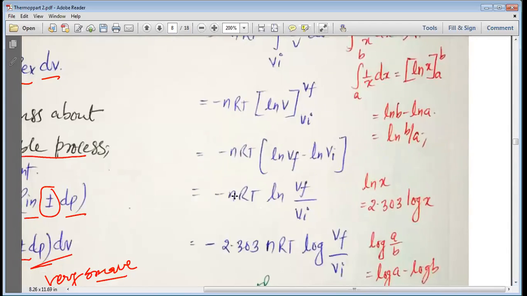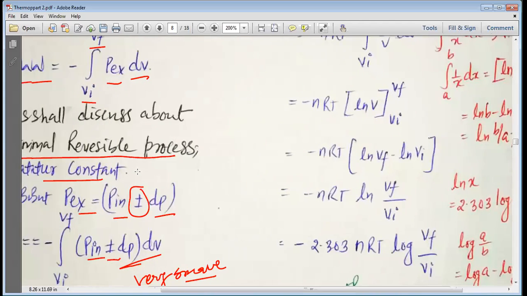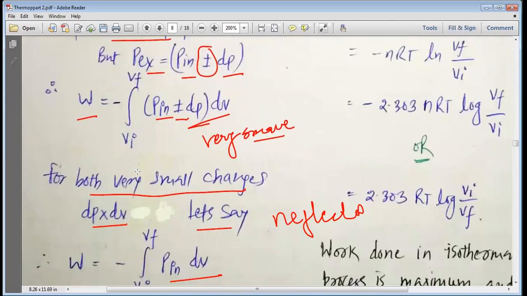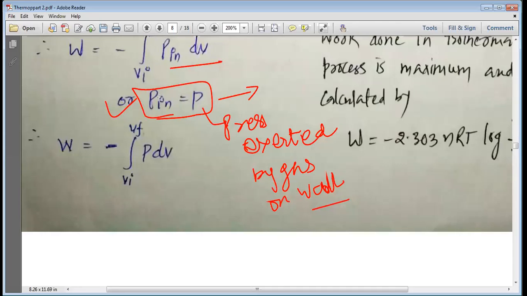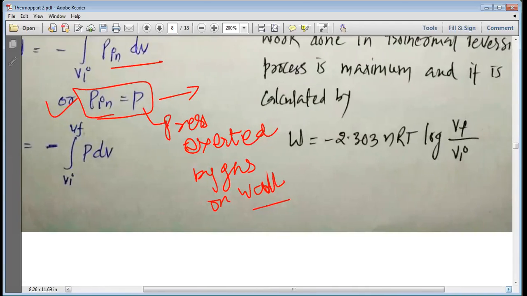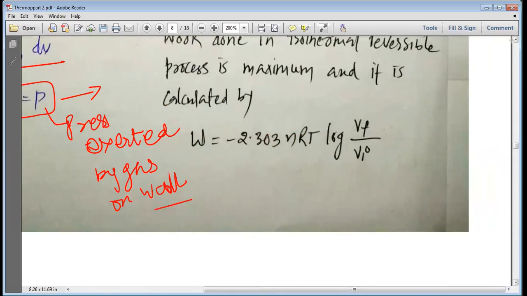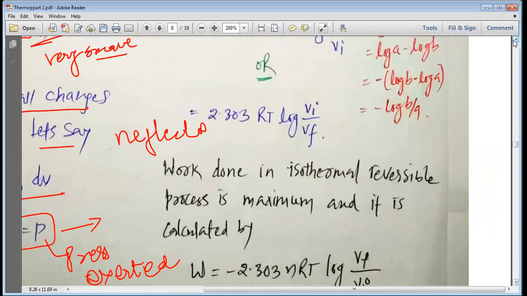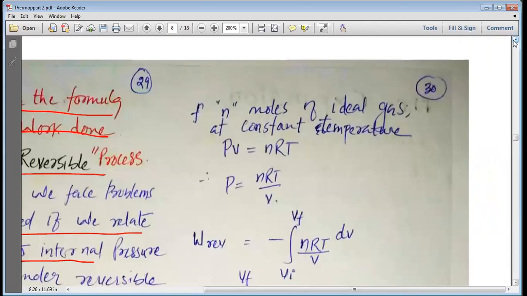Now let's move forward and understand how we can derive it. Here, my dear students, you can see that we have written P internal is equal to P, because P represents the pressure exerted by the gas on the wall of the container, and that is what we call P internal, or the pressure inside the cylinder exerted by the gas.